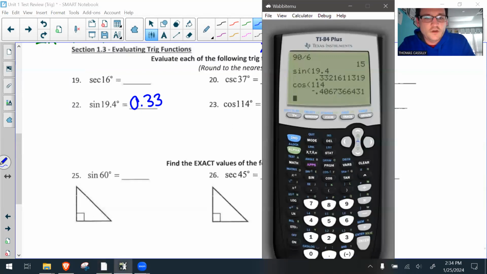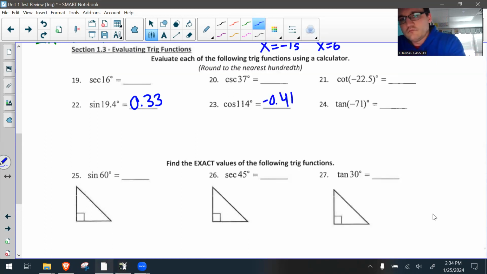Right, and then the tangent of negative 71 is negative 2.90, actually.